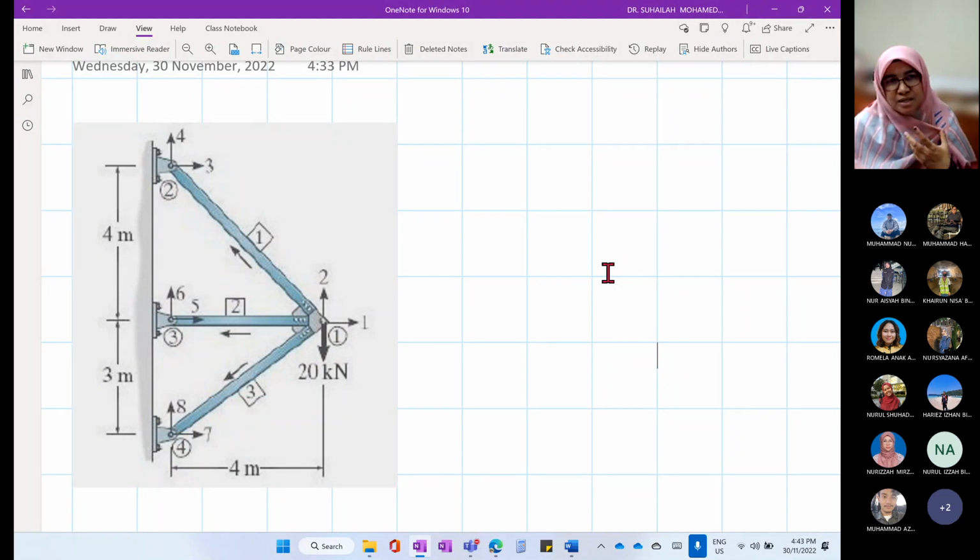In calculating stiffness matrix for truss we have to consider the axial rigidity EA. When we analyze beam, we have to consider the flexural rigidity EI. And when we analyze frame, we have to consider both EA and EI.